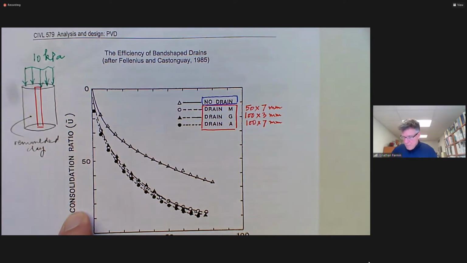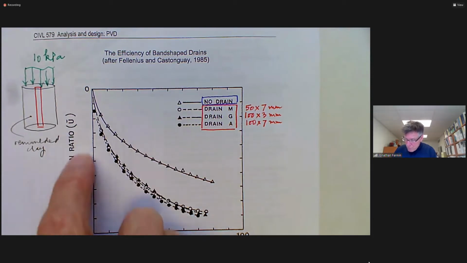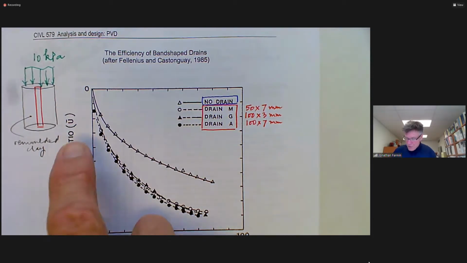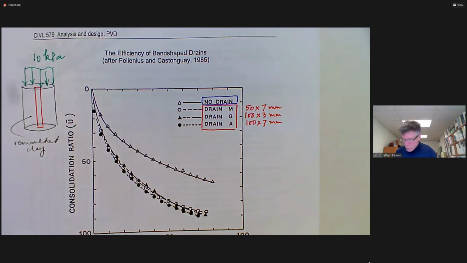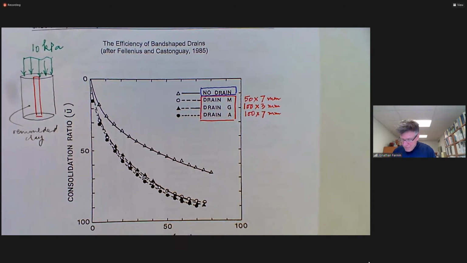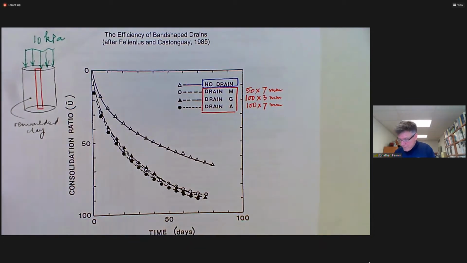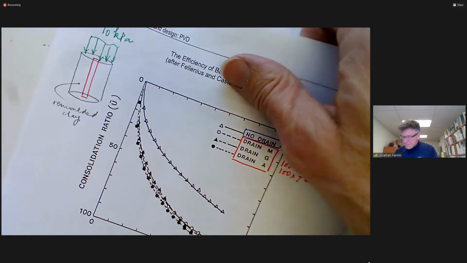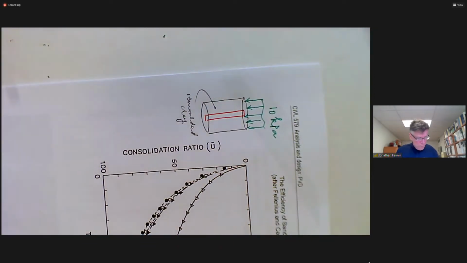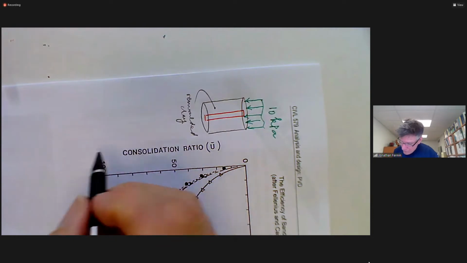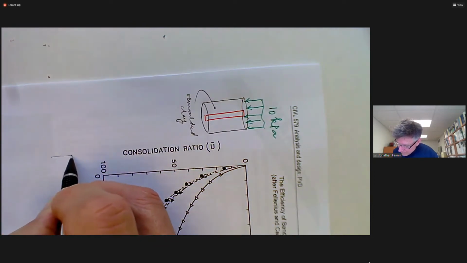And Felenius and co-worker report the degree of consolidation, or the consolidation ratio, uppercase U bar, which they defined with regard to settlement.